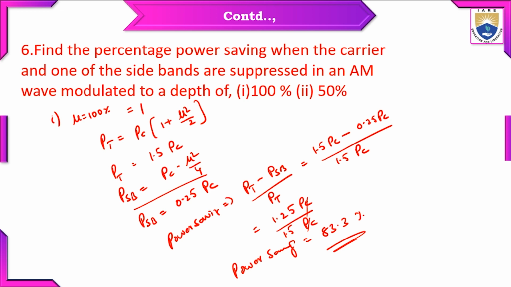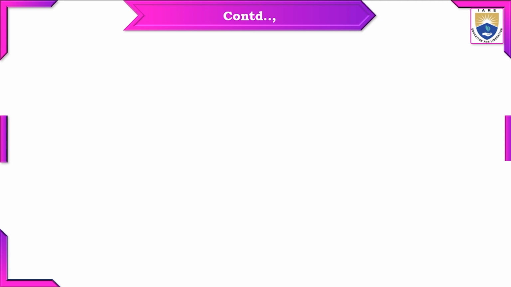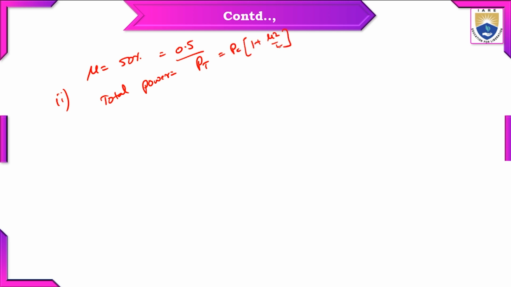In this problem another bit is also there, that is 50%. Mu value is 50%. So 50 by 100 is equal to 0.5. This is the second problem. As usual, taking the total power, PT is equal to PC into 1 plus mu square by 2.